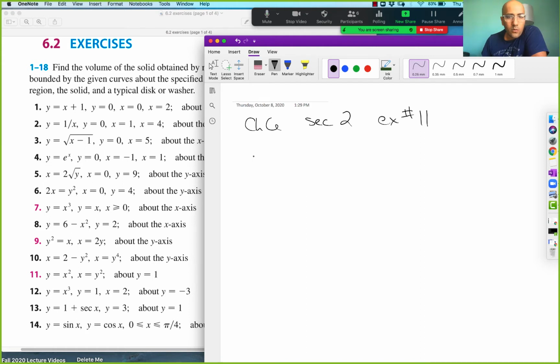And we had y equals x squared, x equals y squared. And we want to rotate about the line y equals 1.